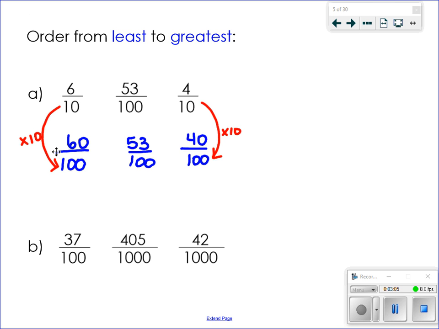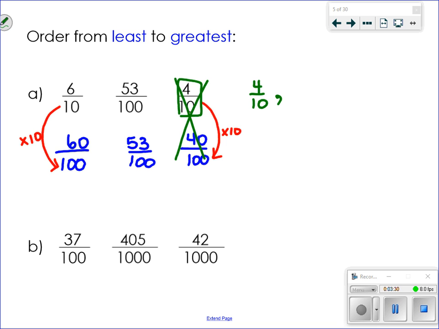Okay, so now I can look easily and compare these fractions because they all have a common denominator of 100. So 60 hundredths, 53 hundredths, 40 hundredths. Which one is the least? 40 hundredths, but again, when I list it, I want to go back to its original 4 tenths form. Okay, so I've done this one.